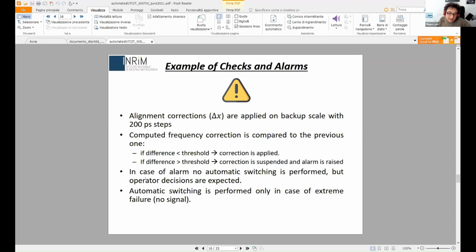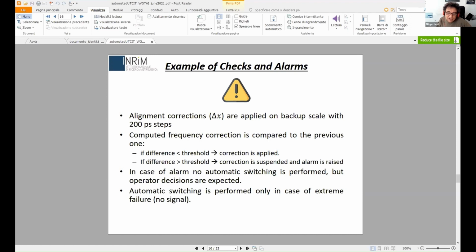So the technical people are alarmed and come to the laboratory and decide if the problem is in the master timescale or in the backup timescale. If the problem is in the master timescale, they turn the knob of the switch and switch to the backup timescale.